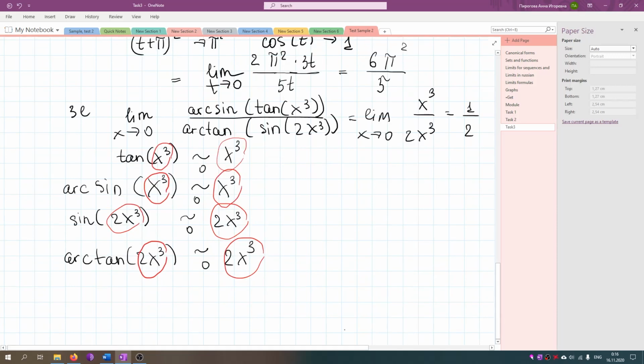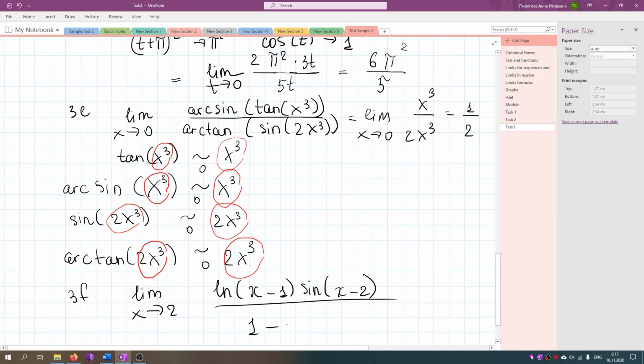And the last limit for today, 3f, limit x converges to 2, natural logarithm of x minus 1, sine x minus 2, divided by 1 minus e in the power of x minus 2, squared.